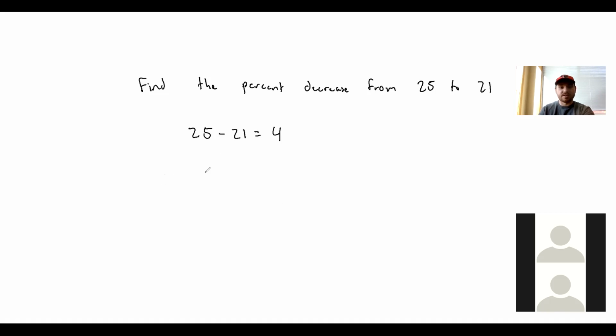Yeah, so that's right, Jenica. The 25 is going to be our denominator. So we're going to take our amount of decrease divided by our original amount, which is 25. This is going to give us 0.16. And then we just convert that into our percentage by multiplying by 100. So this is 16%.